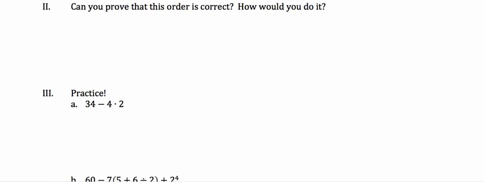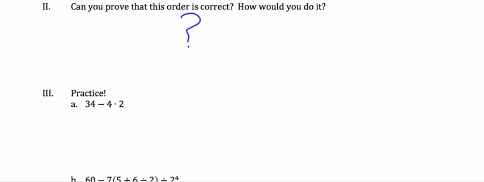How do you know that someone didn't just kind of make this up and we all have to follow it because they made it up? That's not what happened. This is the order that it has to be. How would you prove that this is the order that it has to go? This might be something that you consider. It's not necessarily something I'm going to give you the answer to, but it could be something to think about. It could be something to discuss in your groups tomorrow. So just throwing it out there.